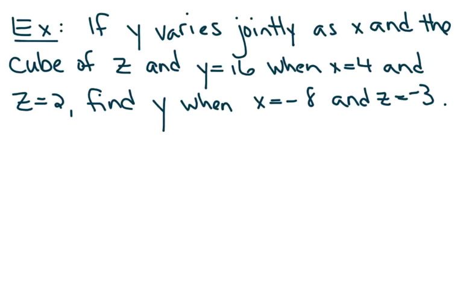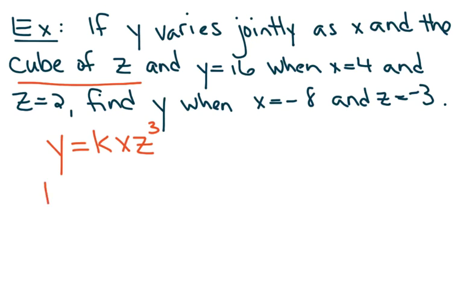Now let's do an example of joint variation. If y varies jointly as x and the cube of z, and y equals 16 when x equals 4 and z equals 2, find y when x equals -8 and z equals -3. So we're going to start by writing our equation. It varies jointly as x and the cube of z, which means we have to write that as z cubed.